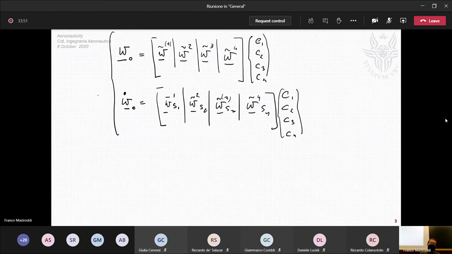Now, how many equations do we have here? We have 4 equations, and we have 4 unknowns. The unknowns are these 4 complex numbers, C1, C2, C3, C4.